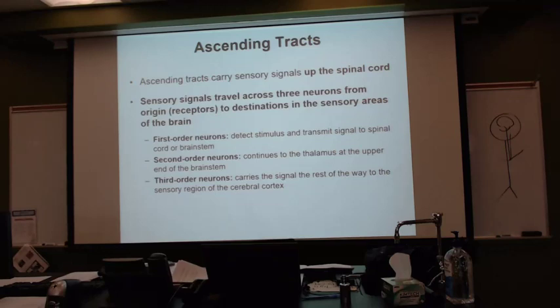So, when information has to move, we say it has to go across 3 neurons. Now, in our bodies, we have the receptors to pick the information up.